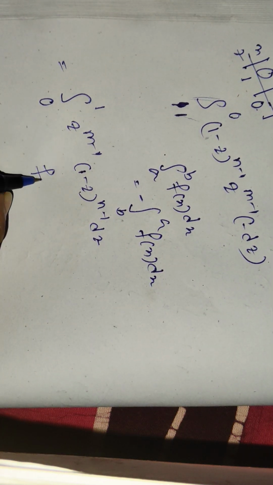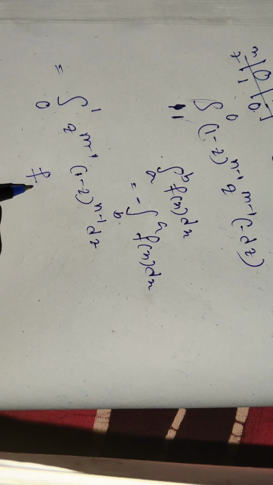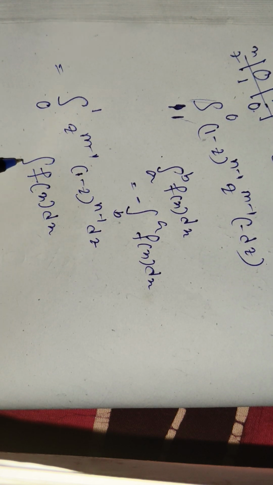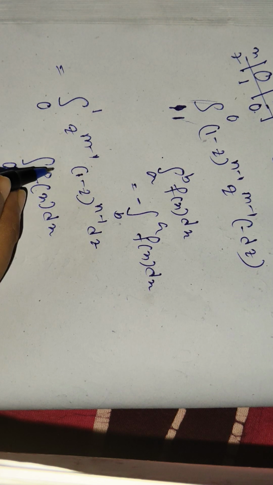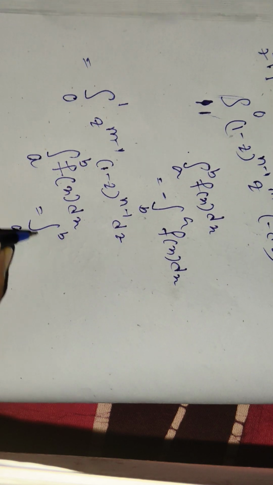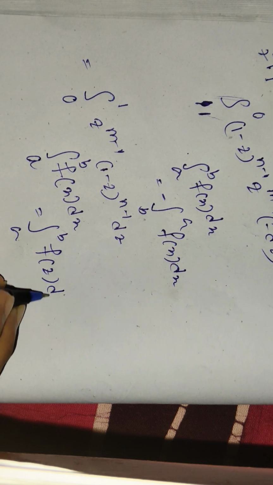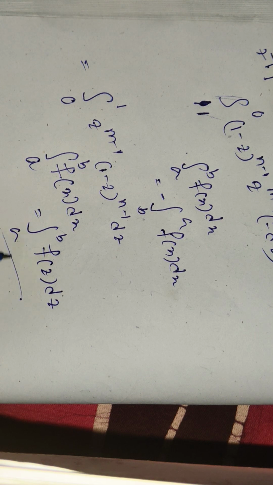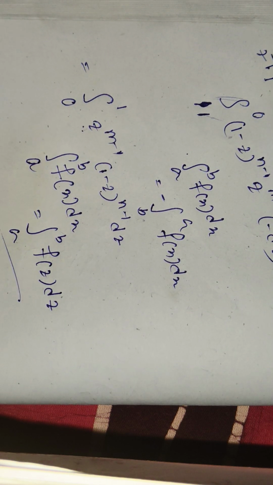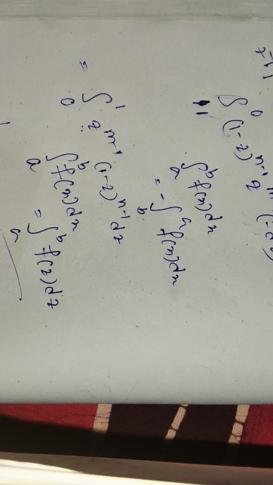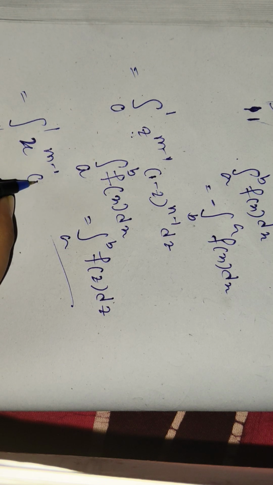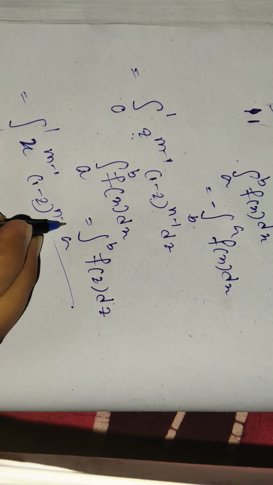Now there is another rule of definite integrals where the integral from a to b of f(x) dx is equal to the integral from a to b of f(z) dz. From this we can replace z with x. So integral from 0 to 1 of x to the power m minus 1 into (1 minus x) to the power n minus 1 dx.